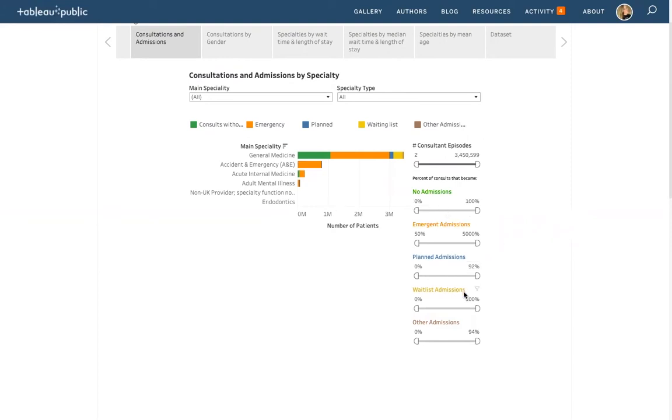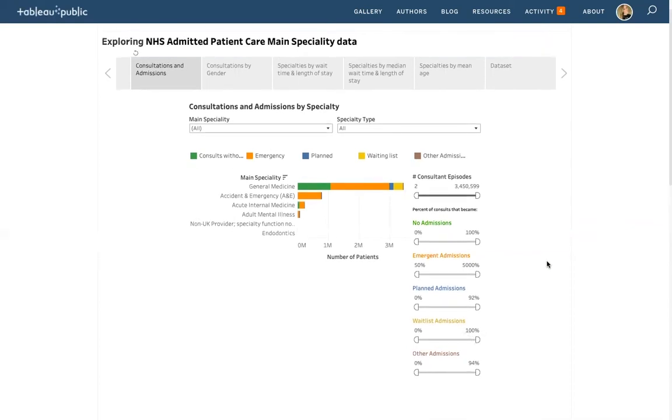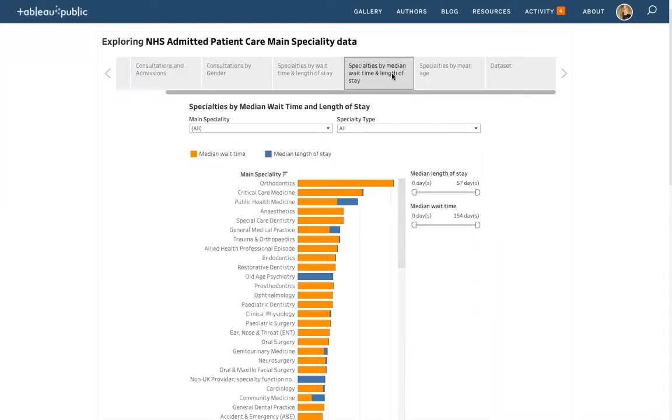So the filters have practicality, but it's probably not for an executive. If you're the one that takes the C-suite's questions and has to go investigate, this is your dashboard.